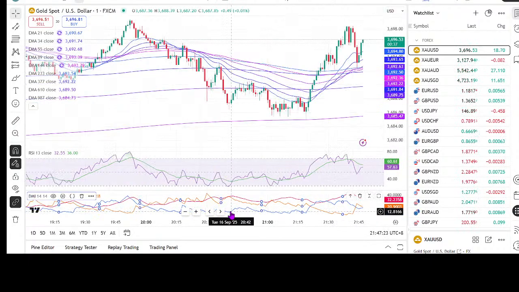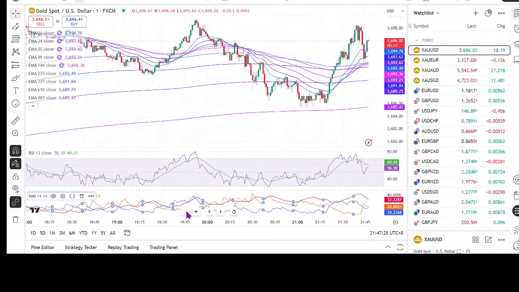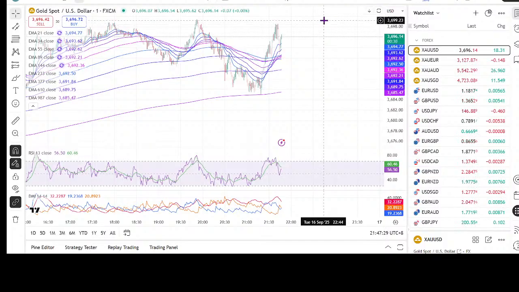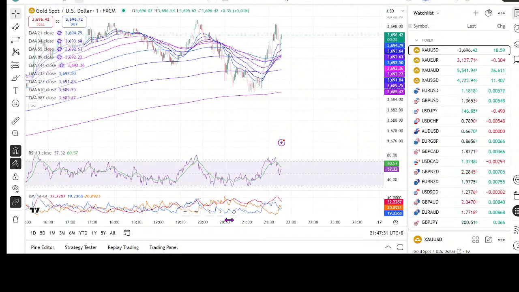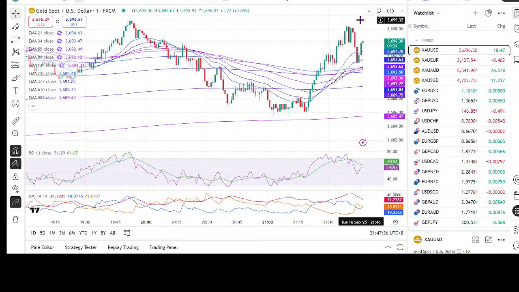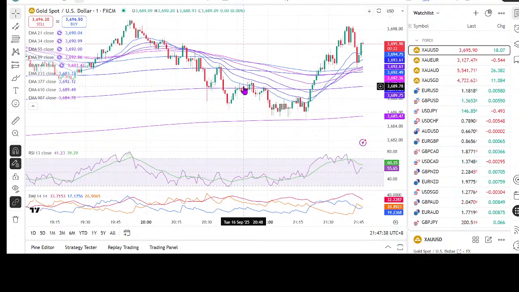This is all your individual decision. Now this is a make or break scenario. If it breaks this level, we are expecting higher. If it doesn't, then it's going to be a failure, and the price is going to come back to the range again. So we have to stay very focused.